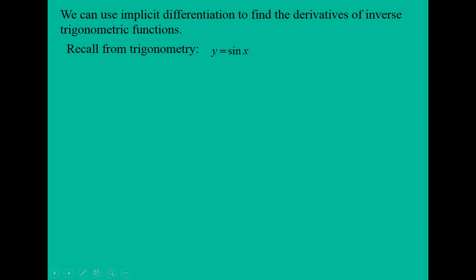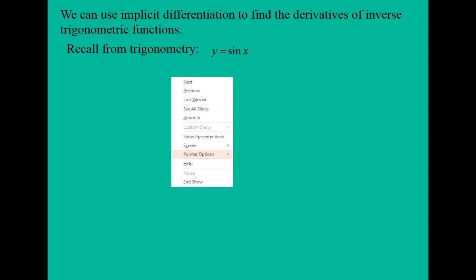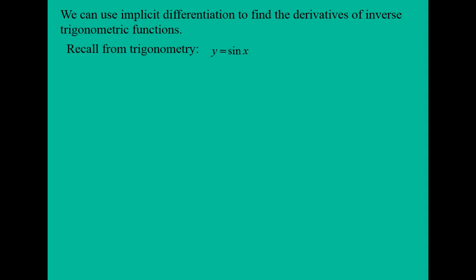If we have the equation y equals sine of x, and we're looking at the inverse of this function, let's just take a simple function first, y equals 3x squared minus 1. If I want to find the inverse, we know that we switch the x and the y, and then we would solve for y.